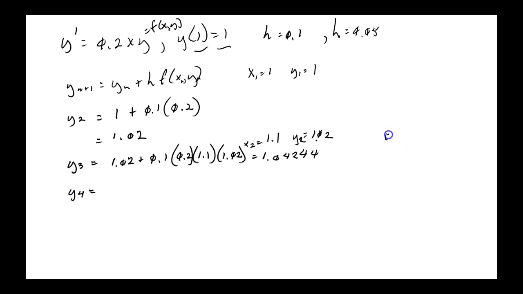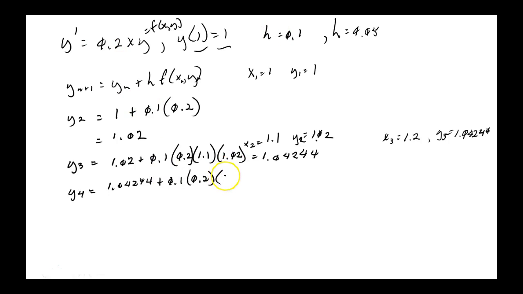All right, the y sub 4. Now x sub 3 is equal to 1.2, and y sub 3 was 1.04244. So y sub 4 is 1.04244 plus 0.1 times 0.2. 0.1 is a step. 0.2 is part of our problem.